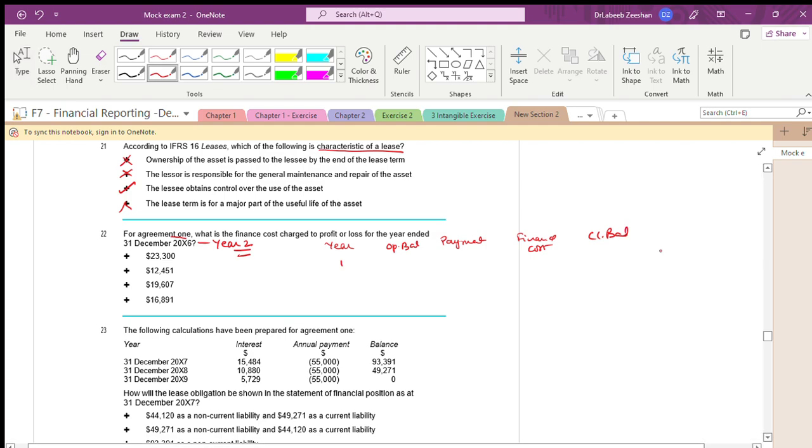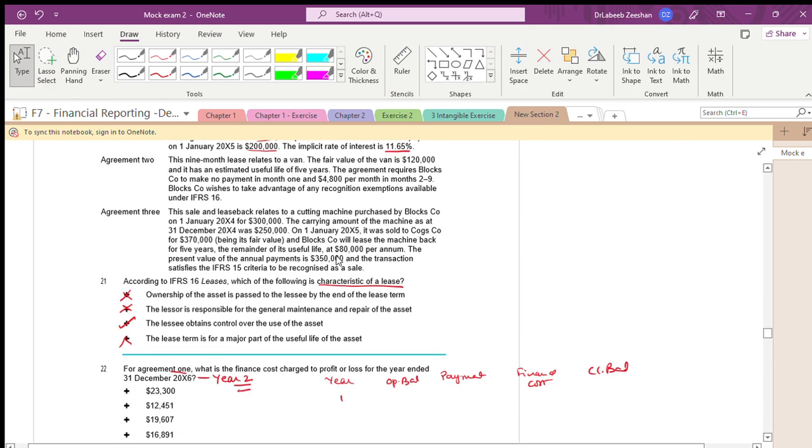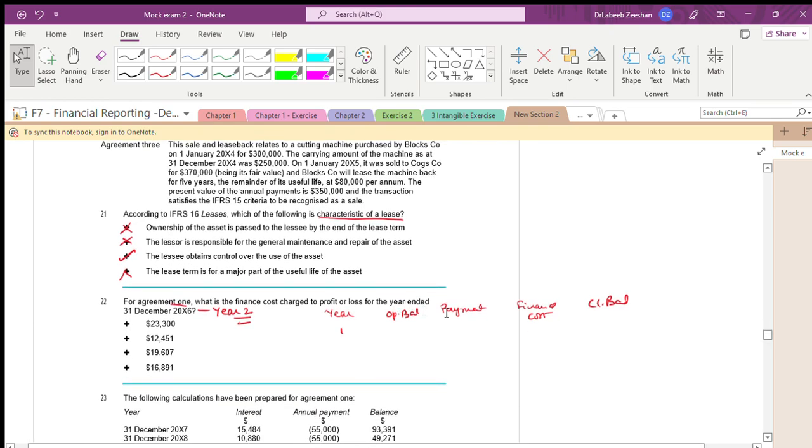We don't have an opening balance; they are giving only payments. How much is the payment? The present value of future lease payments, 200,000.